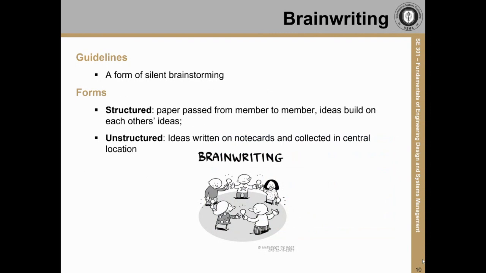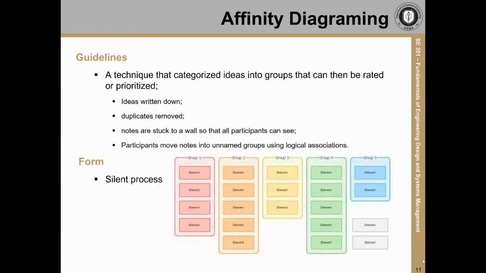In it, you basically just write an idea on a piece of paper, and then you pass it in a circle to the next person, and that person can see your ideas as well as add their own. And you just keep passing it around and around, and you generate a number of ideas that way. So you get your collaborative effort, you have your group think, without necessarily having those dominating personalities dominate the conversation.